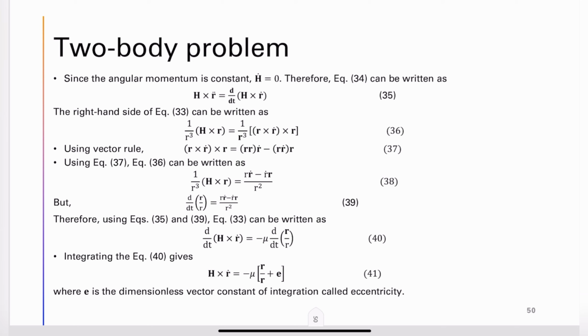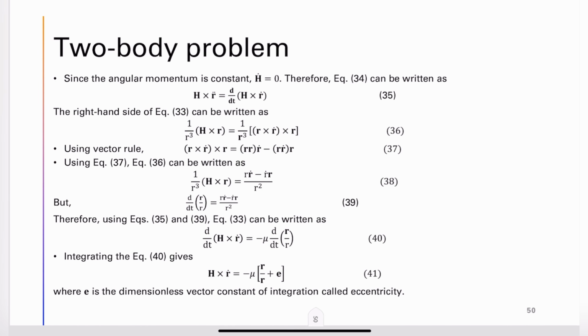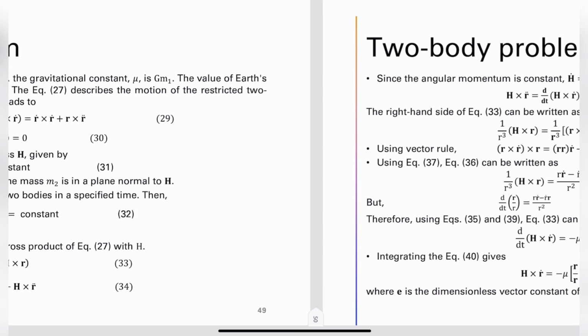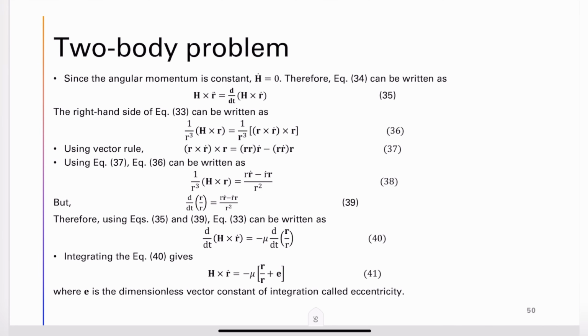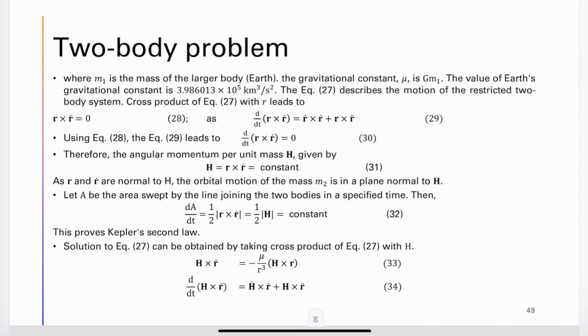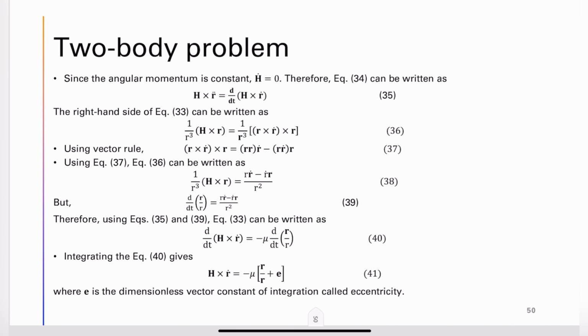The right hand side of equation 33 can be written as 1 by r cube h cross r.